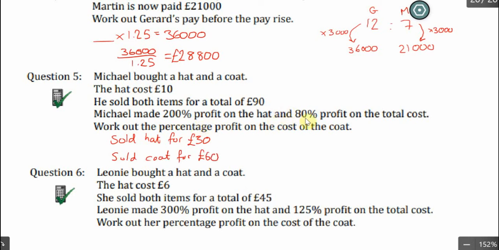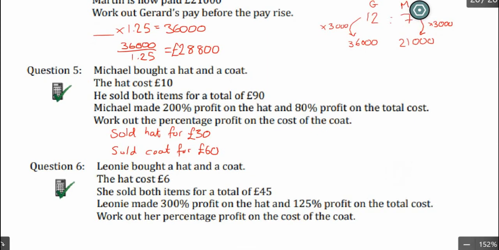Okay, and he made an 80% profit on the total cost. So £90 is an 80% profit. So 180% is £90. Yeah, that's fine.